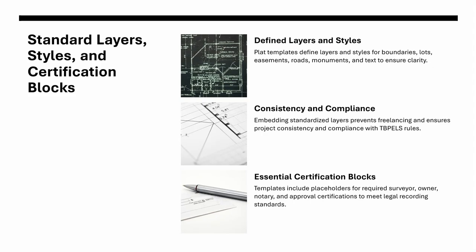Monuments: symbolized consistently, circle, cross, or a specific block. And then text styles, for bearings, distances, lot numbers, curve data, and notes. By embedding these layers and styles in the template, you prevent drafters from freelancing with ad hoc line work. The result is consistency across projects and compliance with board requirements for clarity.